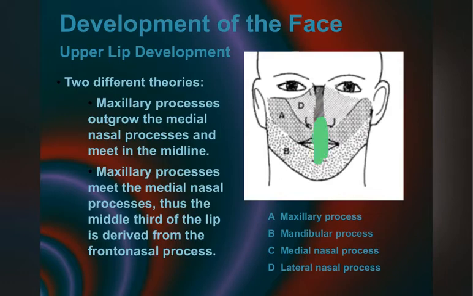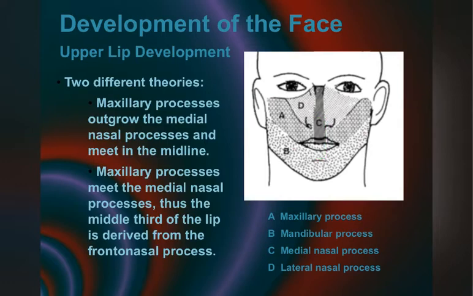This part of the lip, the central part, is called the philtrum of the upper lip. This is derived from medial nasal processes. We have two medial nasal processes, one right, one left. They fuse together in the center. One of their contributions is the philtrum of the upper lip.